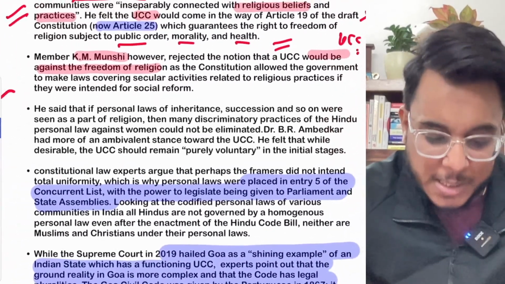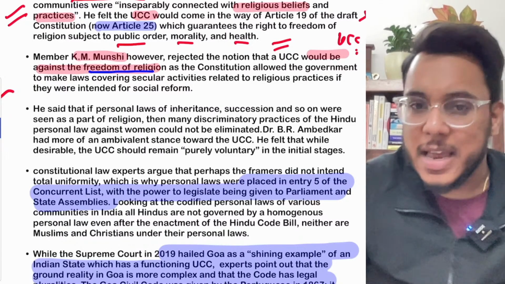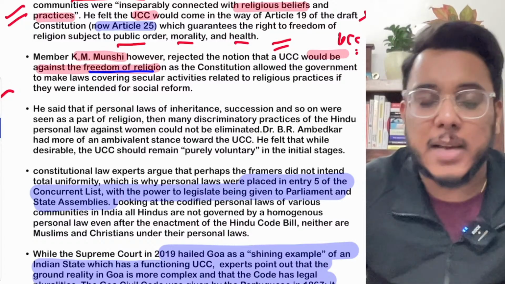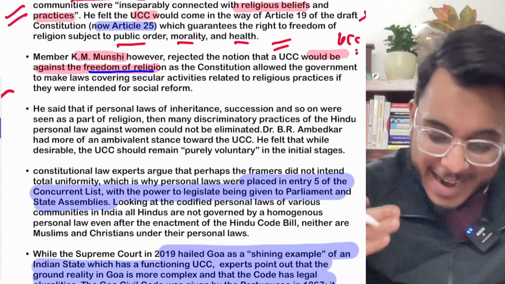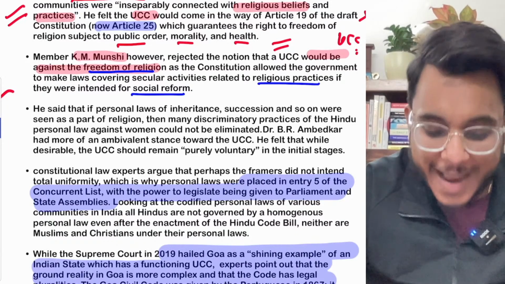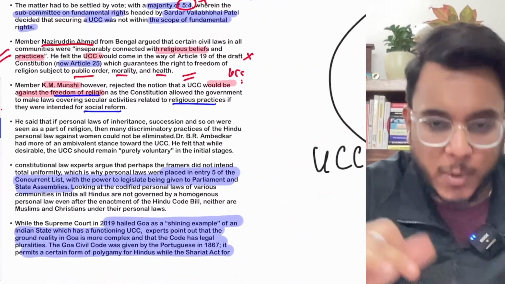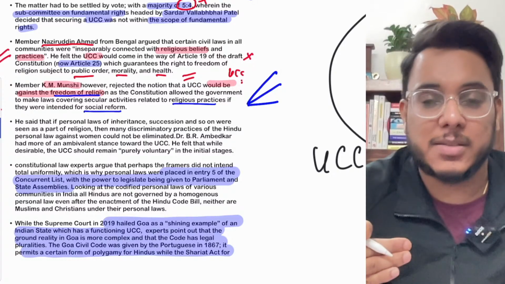So the Constituent Assembly member K.M. Munshi provided that freedom of religion is there, but absolute freedom of religion is not there. The government will interfere in the matters of religion for the sake of social reform. It was argued that many times many injustices emerge from religion.